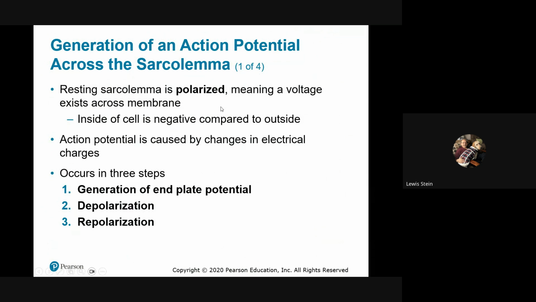So the resting sarcolemma, the membrane is polarized, meaning the voltage is there. Inside the cell is negative compared to outside. We talked about that. So we start with an end plate potential. If that end plate potential reaches action potential, it'll cause the rapid shift. And you're going to see the electrical graphing called depolarization. When we go back to what the set point was, the resting point, it's called repolarization.